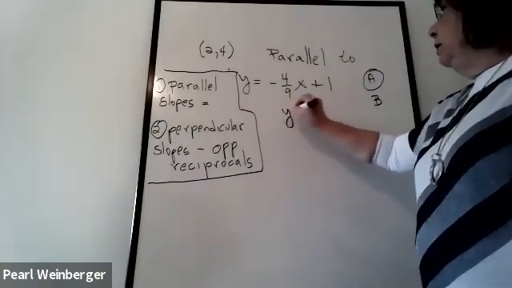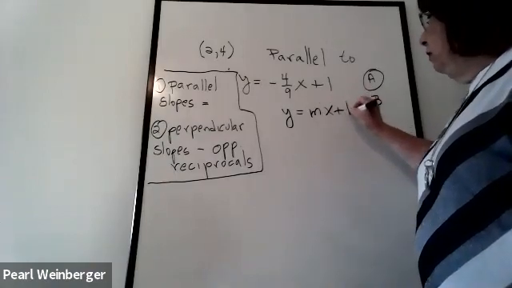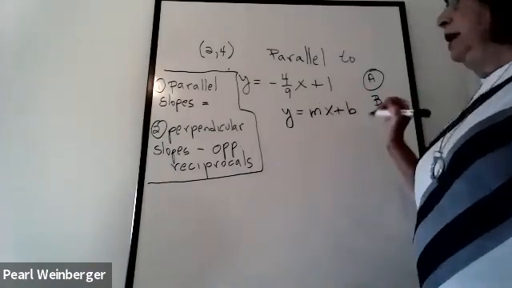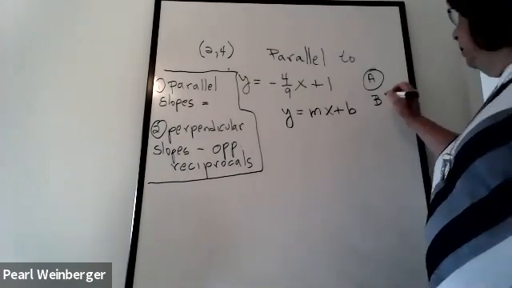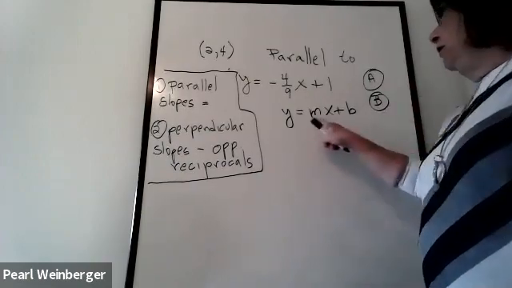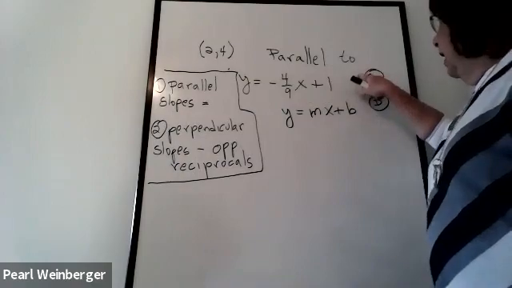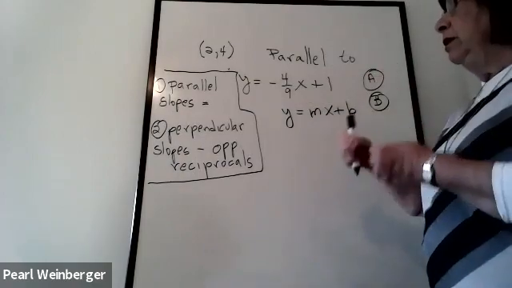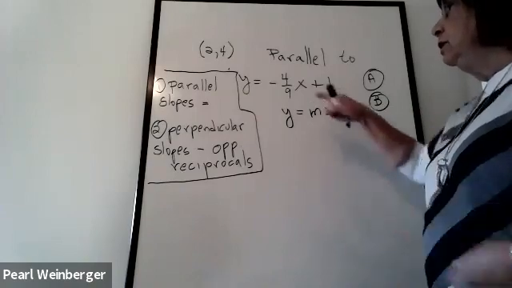My line is going to be y equals mx plus b. I have to figure out what the m and what the b are going to be. So in line number B, the first thing I can talk about is the slope. A and B are parallel lines. Parallel lines mean they have the same slope.